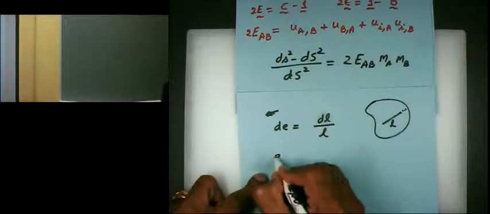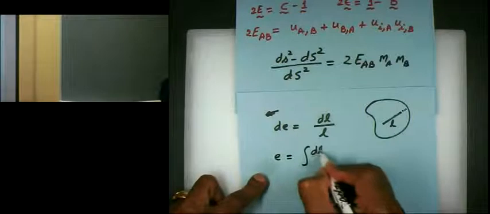So what will be the total strain? If I keep on applying loads, so keep on adding dl over L, dl over L, dl over L. Every time, of course, my L keeps on changing too.